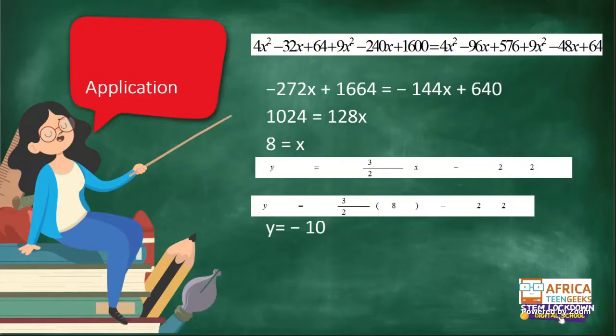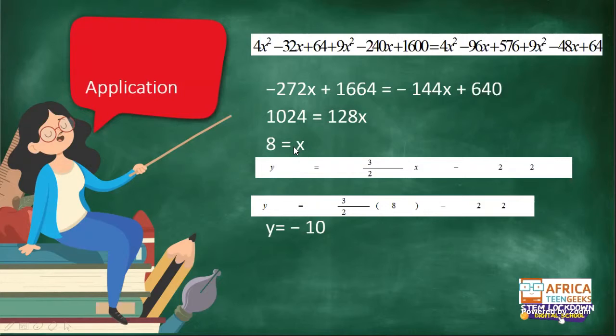Okay, when we group the like term together, we're going to see that on our right hand side, we're going to have 1,064, as you can see here, the 64 plus the 1,600, which is equal to the negative 144x plus 644. And after reducing, you're going to have 128x, which is equal to 1,024. Therefore, x is equal to 8.